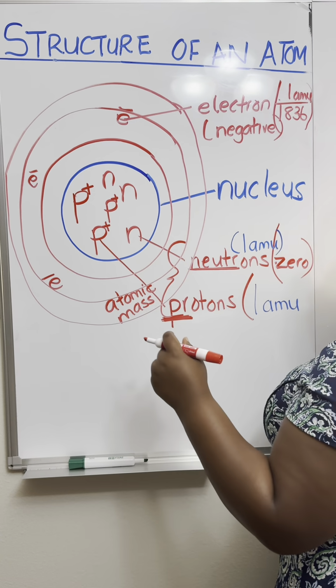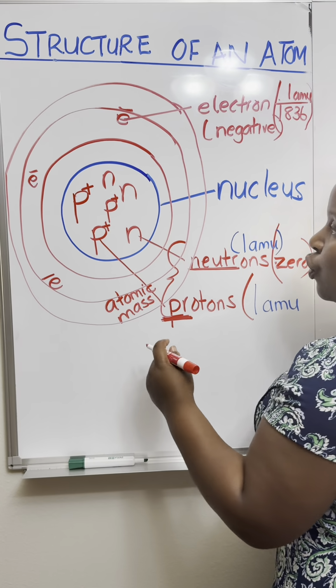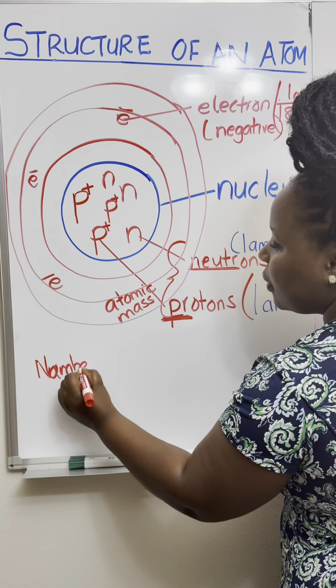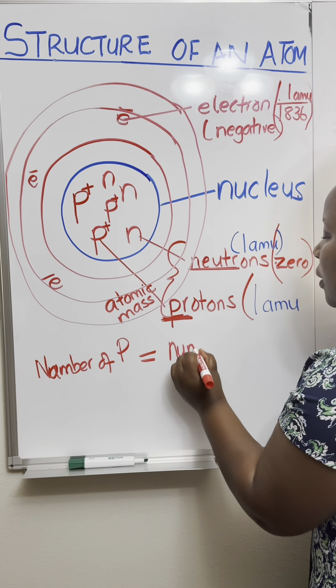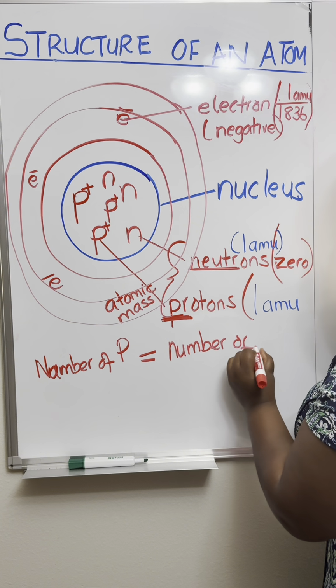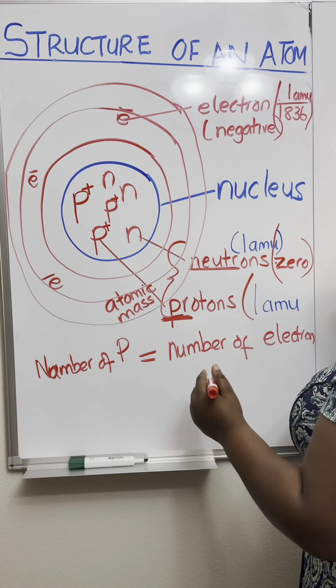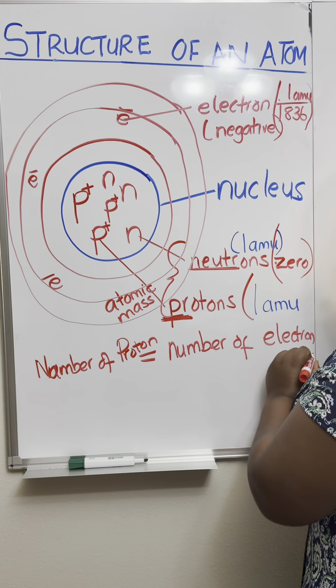Another thing we can try to remember is that in a neutral atom, the number of protons, the number of P, will be equal to the number of E, of electrons. So if the atom is in a neutral state, the number of protons is equal to the number of electrons.